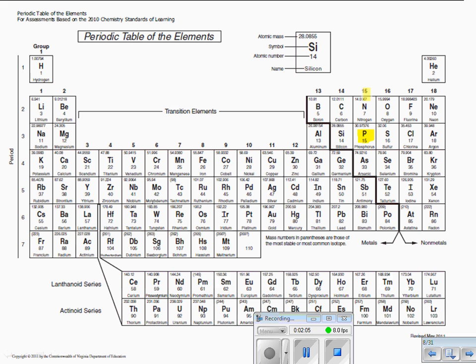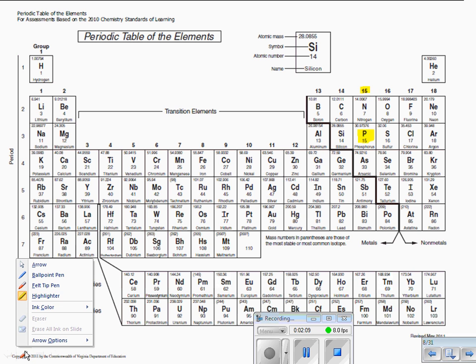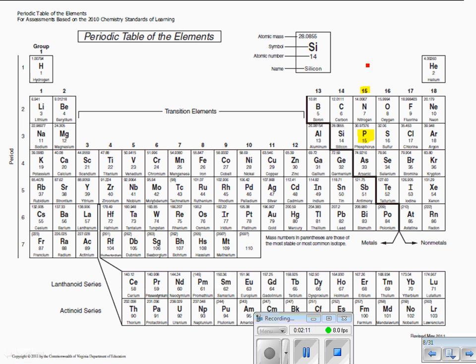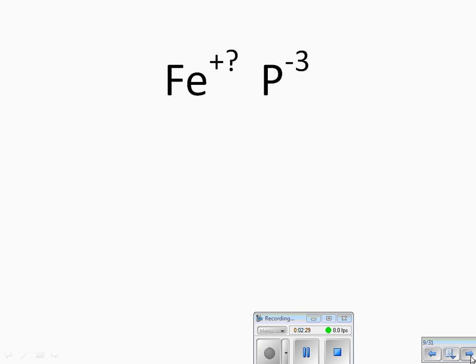It is in group 15, which means that it has 5 valence electrons. It needs to just gain 1, 2, 3 more to have that full octet. So it will form a negative 3 anion. So we know phosphorus forms a negative 3 anion.